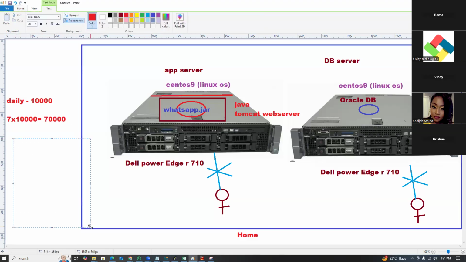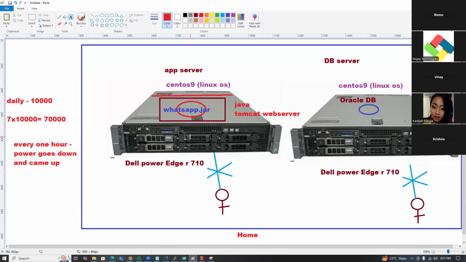After 1 week, every 1 hour, power goes down and comes back up. If the server goes down, will your website be available to the end user in the browser?